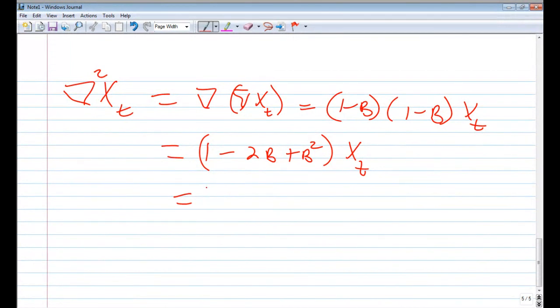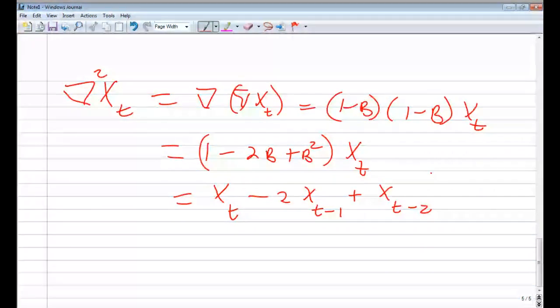It's equal to, okay, it's going to be equal to xt multiplied by xt inside the bracket, and therefore converting the backshift operators into the subscript. So we are going to have xt minus 2 xt minus 1 plus xt minus 2.